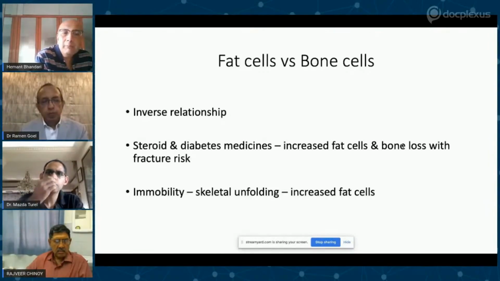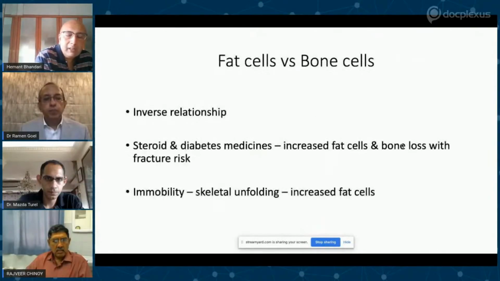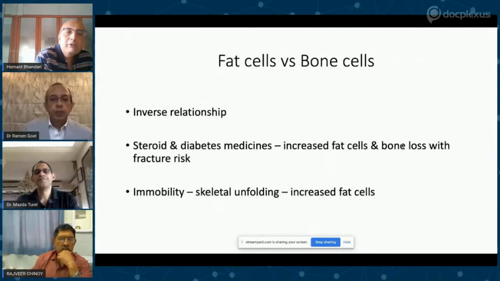If somebody is immobile and there is no load going through the bone, the body absorbs this calcium, the bone becomes soft and weak. And suddenly if they start walking, standing, many times they end up having a stress fracture, even by standing. In an arm or leg which has been immobilized, if you take an X-ray, you will see osteoporotic changes.